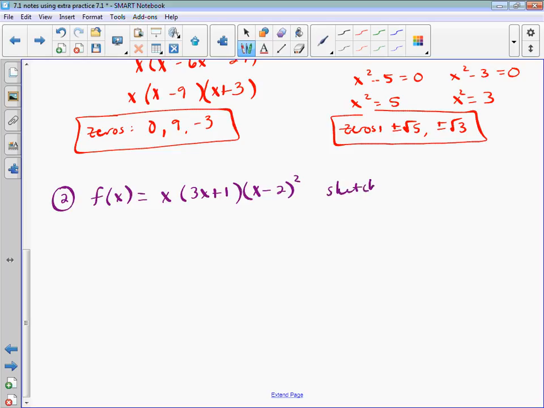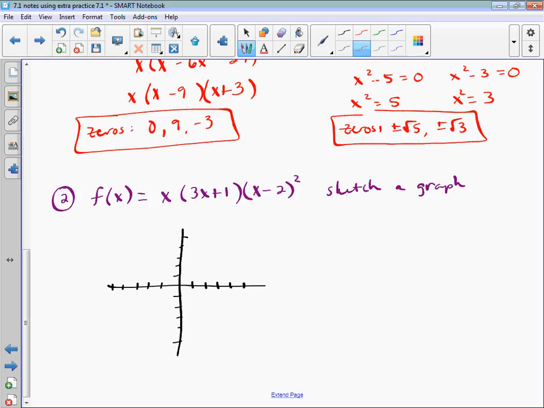Sketch a graph. All right, guys, so to start, we need to think about where are our zeros.